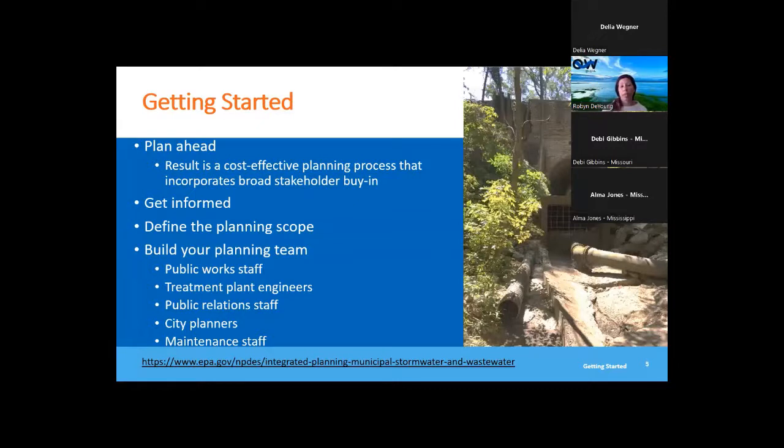The next thing is getting informed. Thank you for coming today, because this is a great way for you to start getting informed. After we talk today, I would recommend looking at the actual profiles of other municipalities who have developed an integrated plan. Those are on our website, along with example plans.